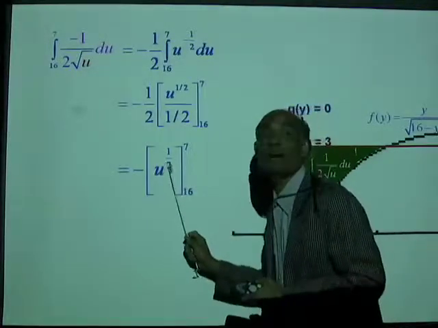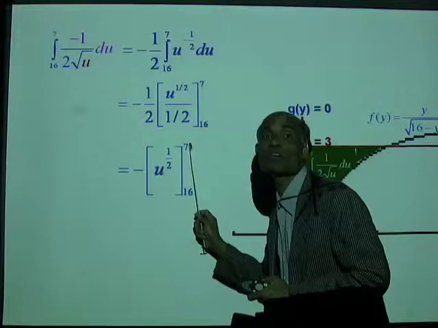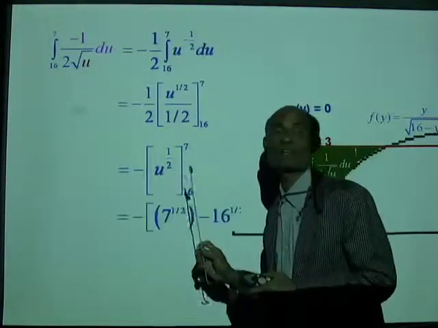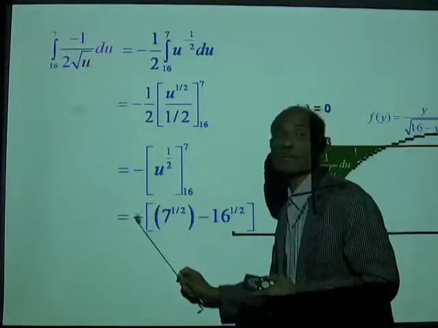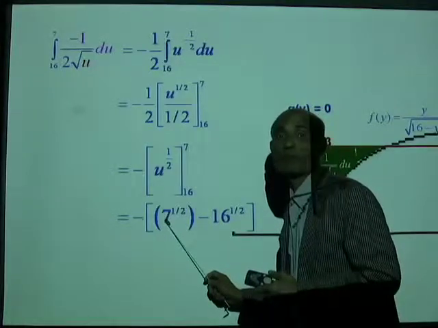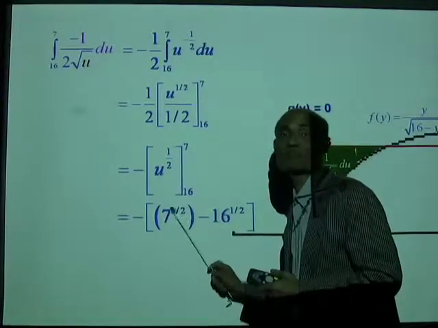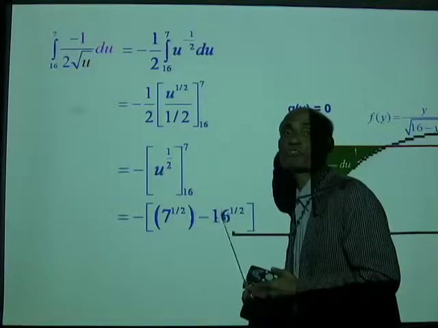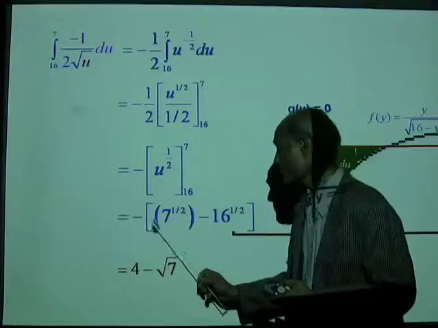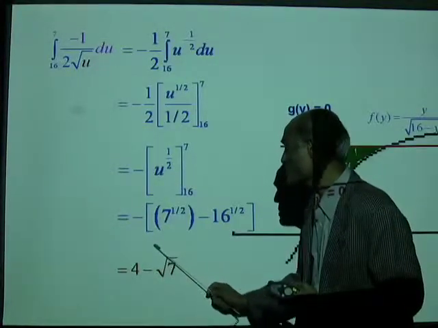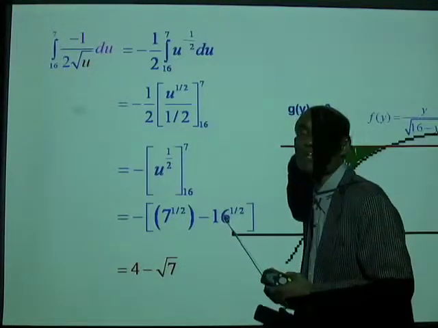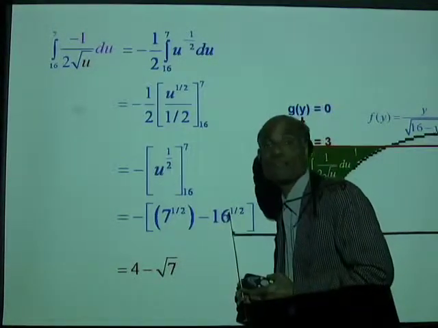And all we need to do now is replace u by the upper limit, then minus replace u by the lower limit. So that would be minus. Look at that, that minus is going to stay outside this whole quantity. Replace u by 7: 7 to the power of 1/2 minus 16 to the power of 1/2. Now, if you notice here, this negative makes this positive. 16 to the power of 1/2 is square root 16, that is 4.